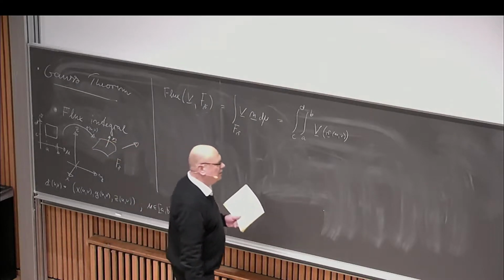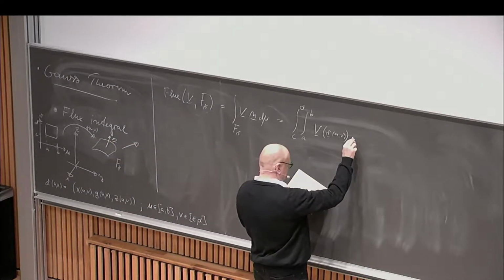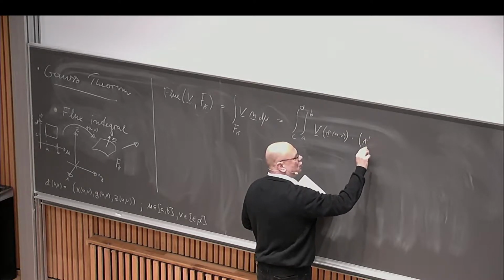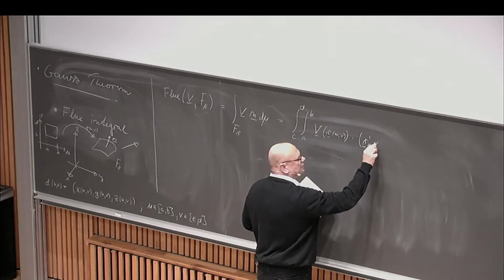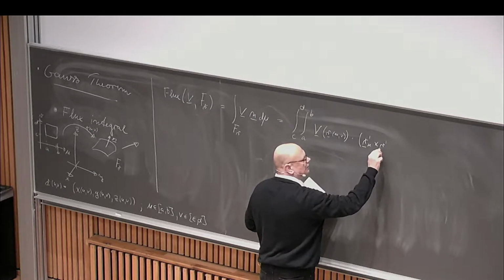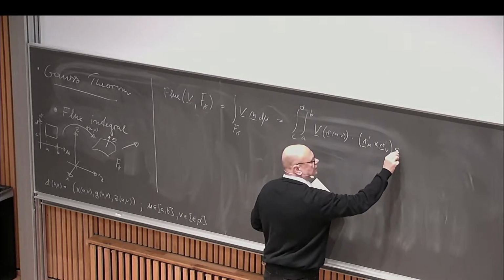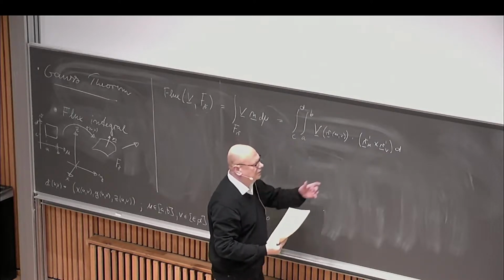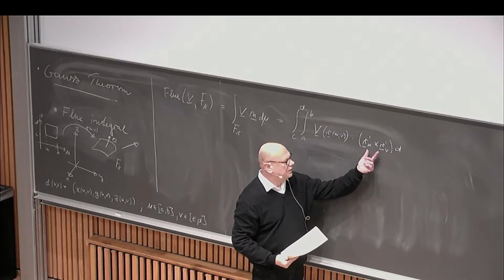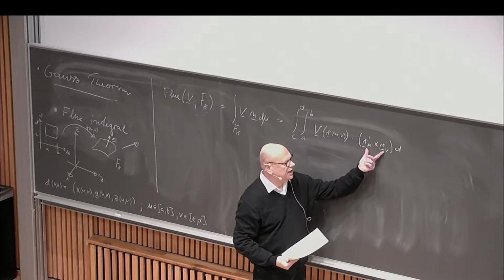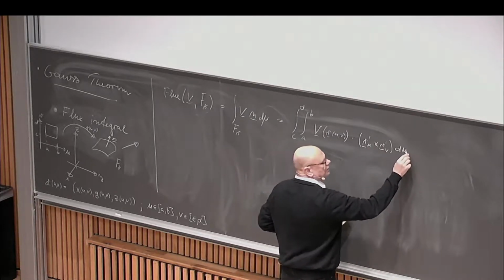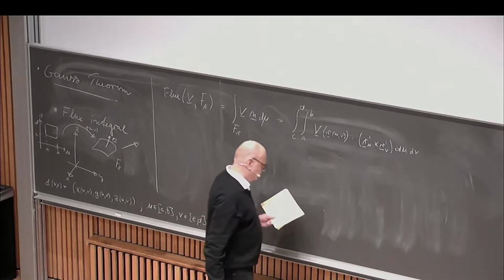And then you dot it with this normal vector here. This is a normal vector to the surface. You have the cross product of two tangent vectors, and then you get a normal to the surface. And then you have du dv.